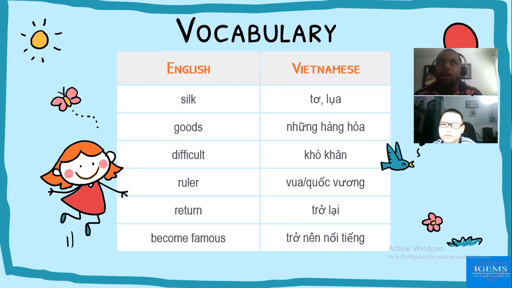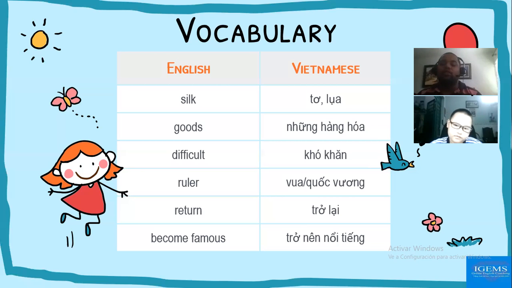Do you know what goods are? Goods are anything you can buy. For example, if you go to the supermarket or the store, anything you can buy, those things are goods. When you go shopping and you buy things, those are goods.